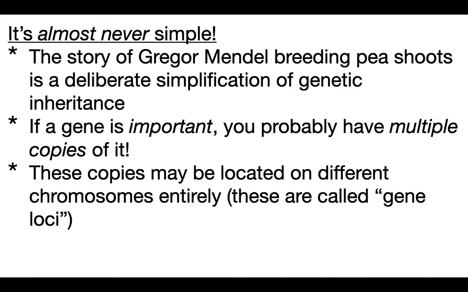One of the reasons why it's almost never that simple is that if a gene is really important, you probably have multiple copies of it. This is a feature that is sometimes called polygenism. These different copies of a gene may be located on different chromosomes entirely.